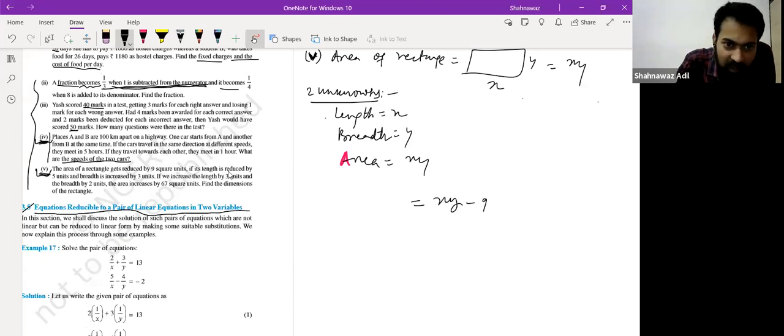If its length is reduced by 5 units and breadth is increased by 3 units, this is the new length and this is the new breadth. So this will be the area, and the area is reduced by 9.